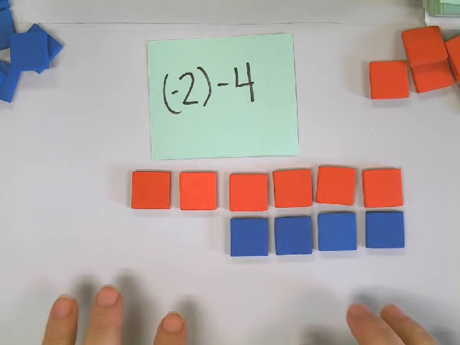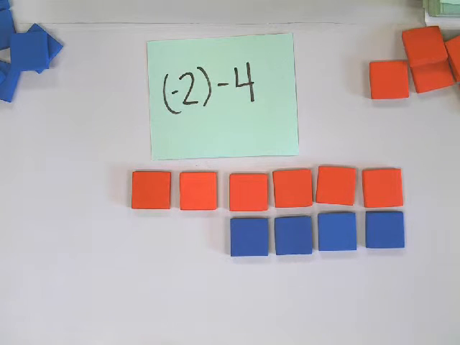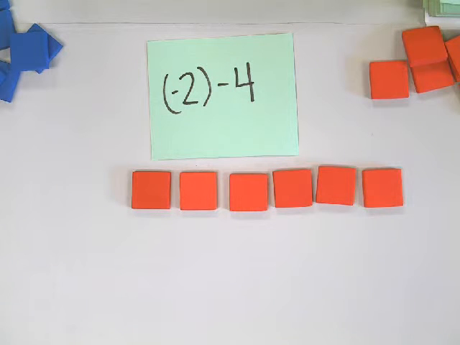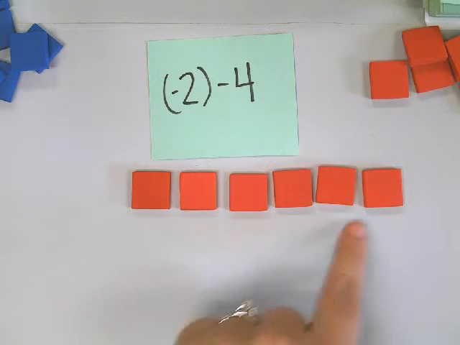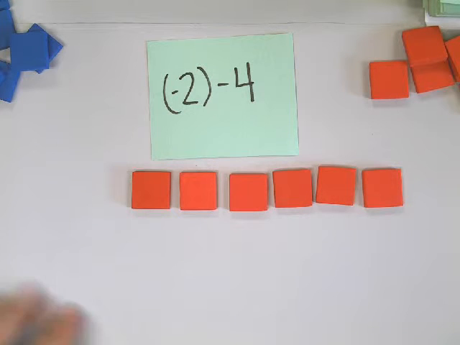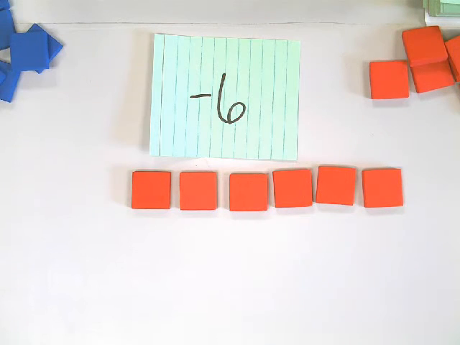So I've built my problem here. Now I can actually take away those 4 positives. So I'm going to take those away, and what are we left with? There's 1, 2, 3, 4, 5, 6 negatives. So the answer to this problem, negative 2 minus 4, is negative 6. Negative 6, that's the answer.